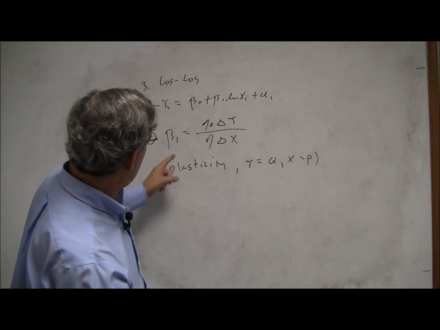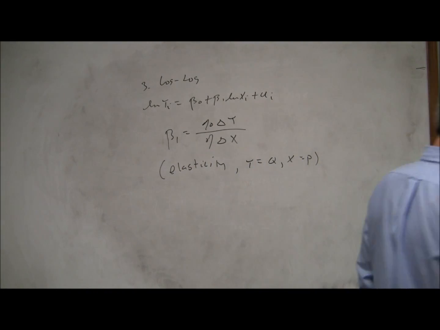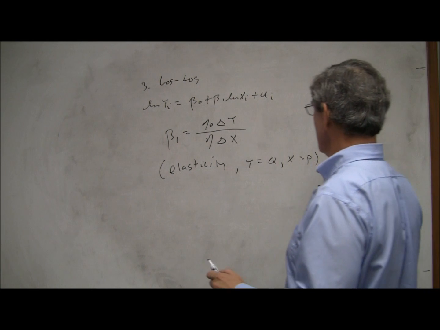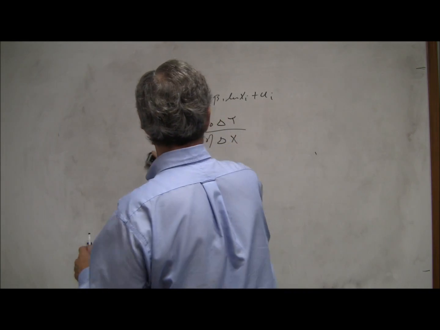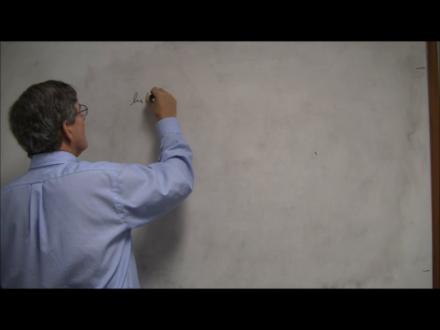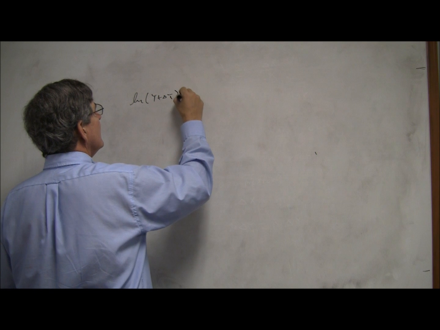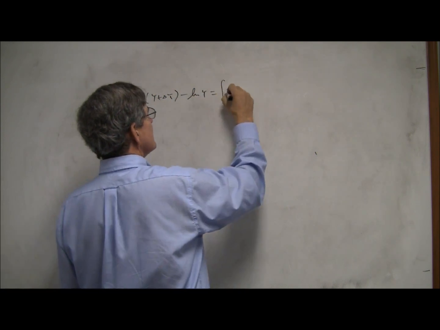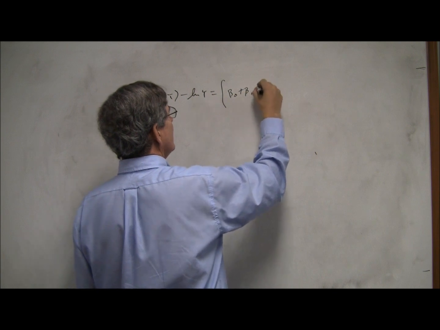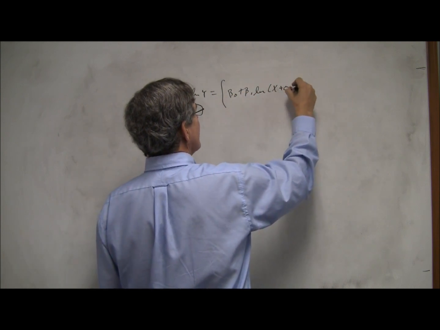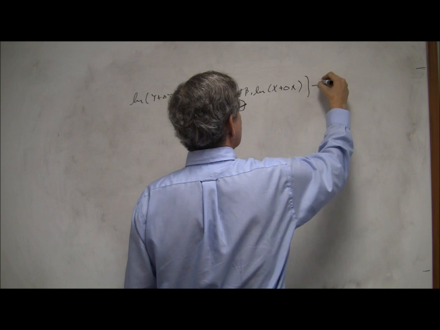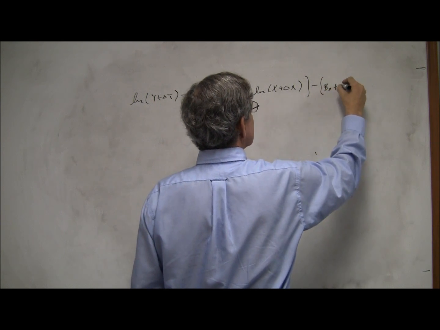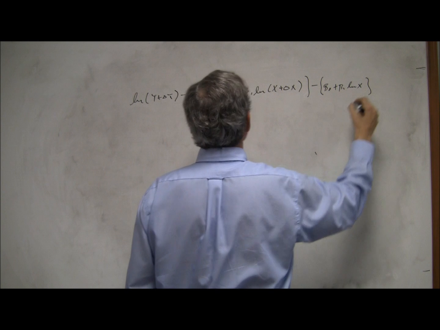If you want to derive this result, let me show you how to get that result. Just find the change in y. The log of y plus delta y minus the log of y is equal to, first this, beta 0 plus beta 1 log x plus delta x minus beta 0 plus beta 1 log x.